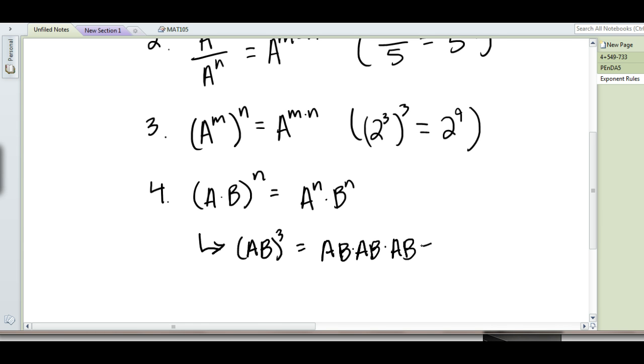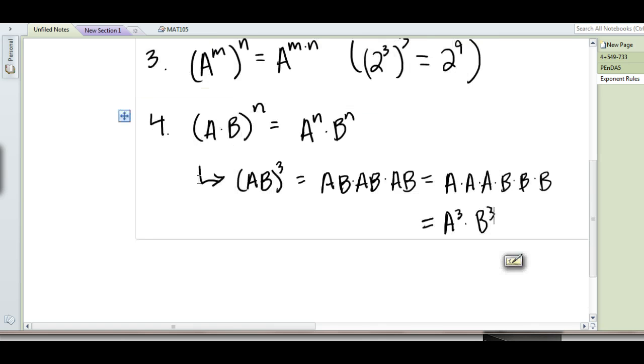That's the commutative property of multiplication. So basically, we're just going to move all the a's next to each other and all the b's next to each other. And we end up with a to the third power times b to the third power, just like our rule says. Our rule uses n's instead of 3's, but really it's the same point.